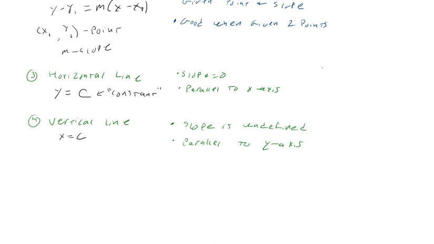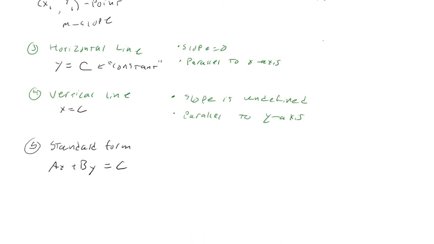Our last kind is what's called standard form. Standard form is ax plus by equals c. And a, b, and c are integers.